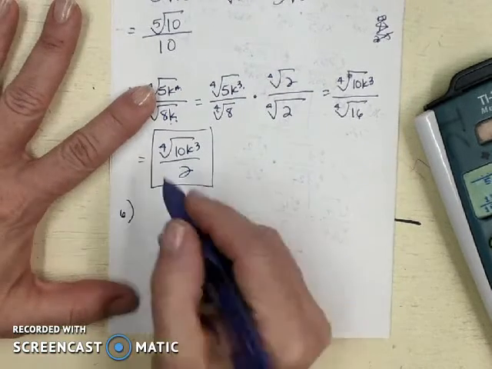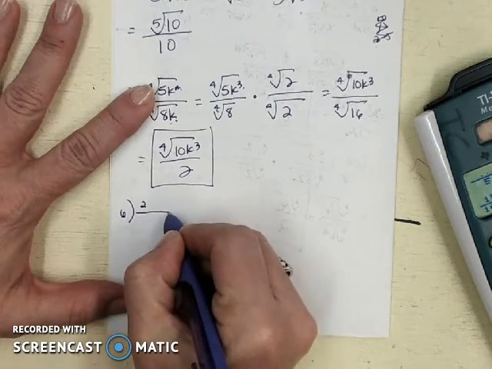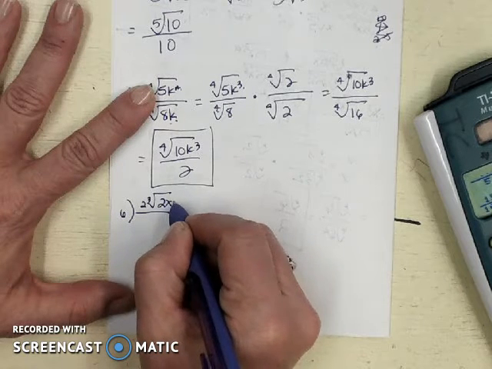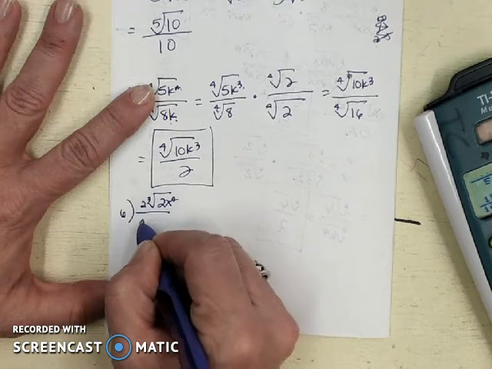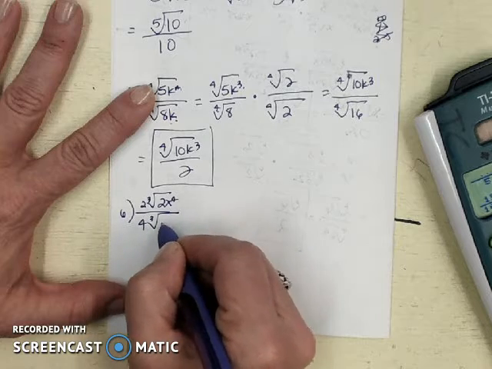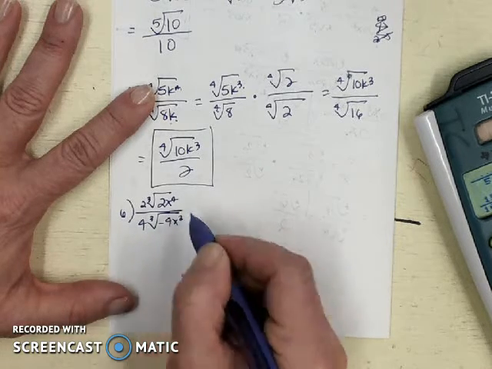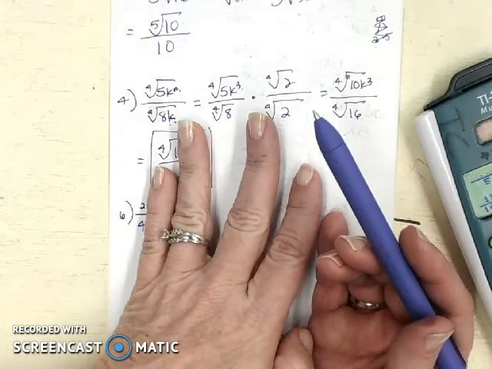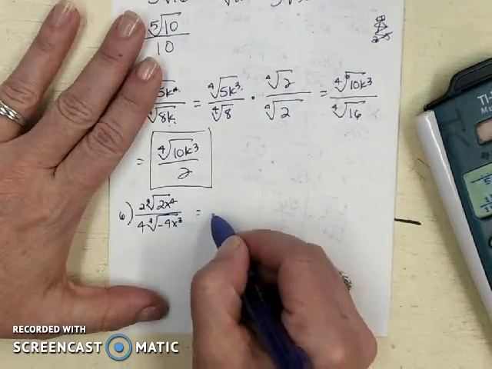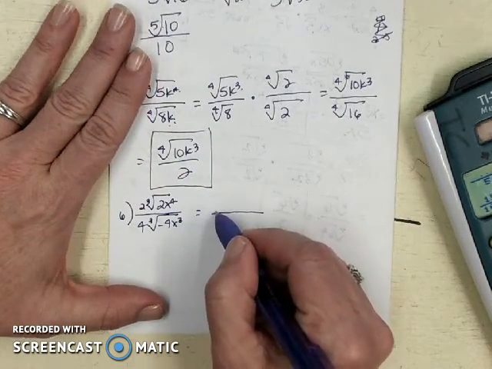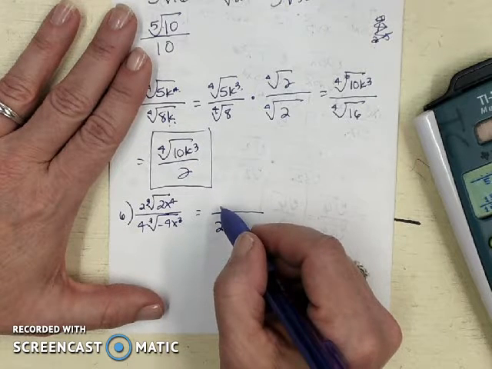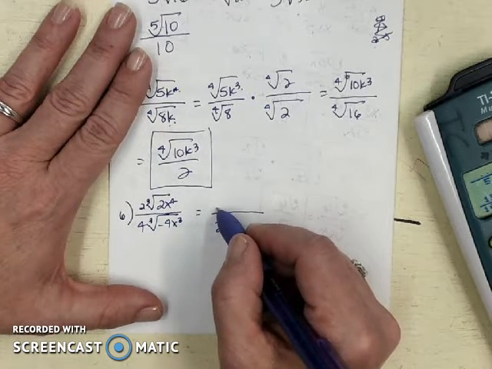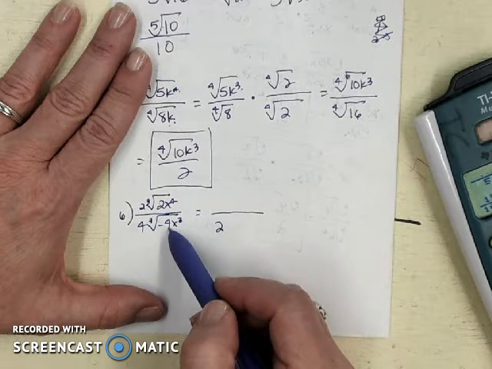So for number 6, I have 2 times the cube root of 2x to the 4th over 4 times the cube root of negative 4x cubed. I can look at the outside and simplify. 2 over 4 is 1/2. The 1 is not necessary, but if it makes your heart sing and birds chirp, then you put the 1 if you want to, but you don't have to.